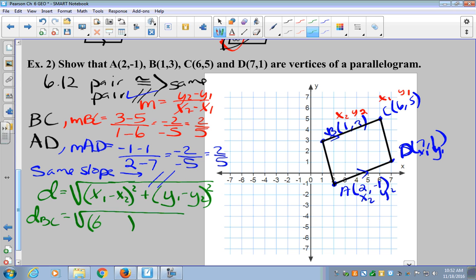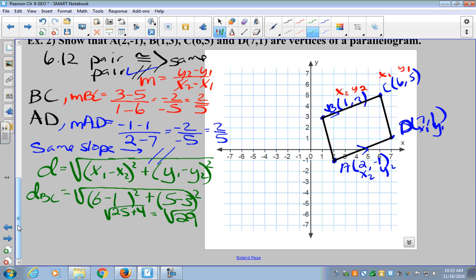That is 6 minus 1 squared and 5 minus 3 squared. 6 minus 1 is 5. 5 squared is 25. 5 minus 3 is 2. 2 squared is 4. 25 plus 4 is 29, so the distance is the square root of 29. Not even a calculator. What's up? Booyah, mental math, y'all.